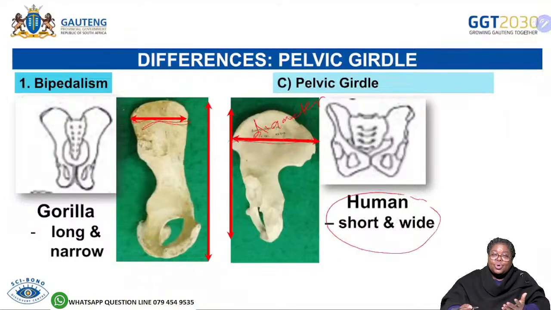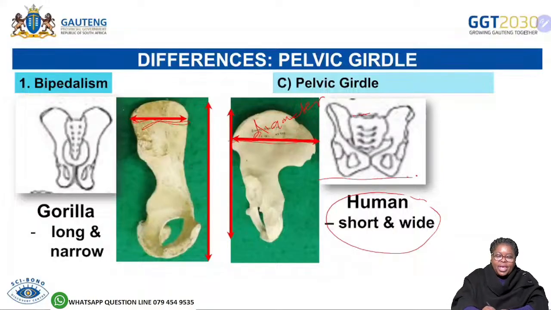If you compare the two, they differ. Now what we're saying is, in terms of the pelvic girdle, the humans have a short and wide pelvic girdle. It's short, it's even wide. And then with the gorilla, it's long. Can you see? It's long and narrow.